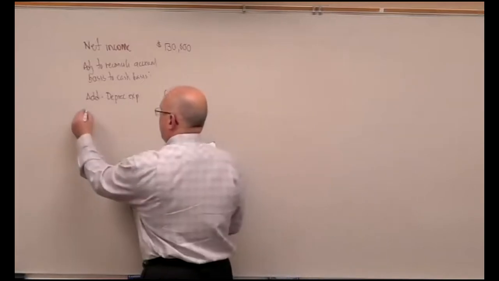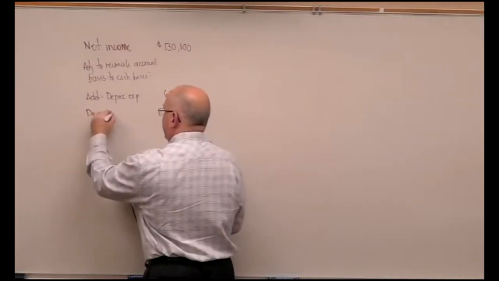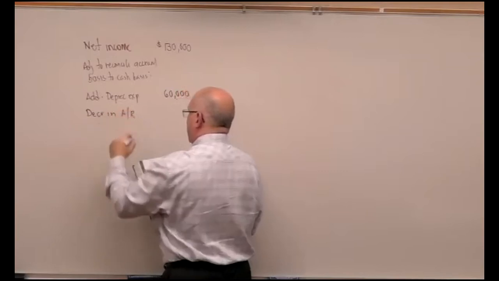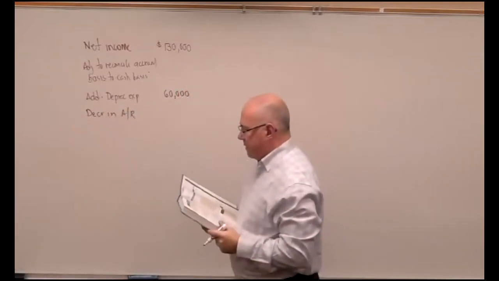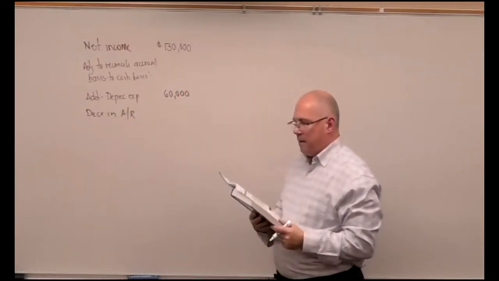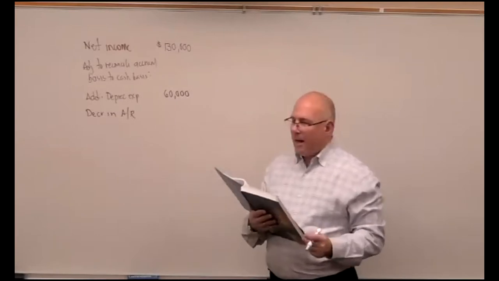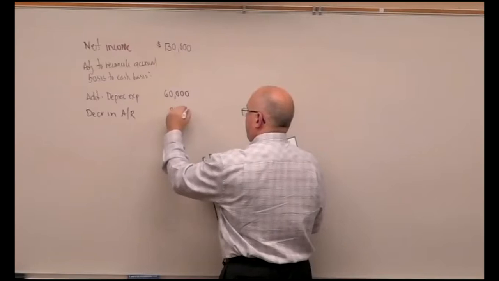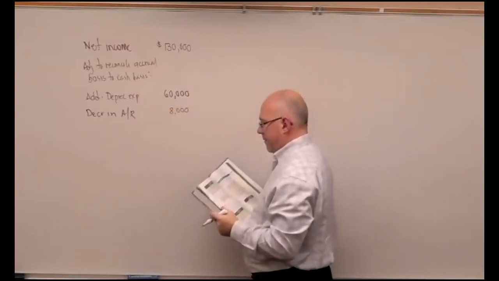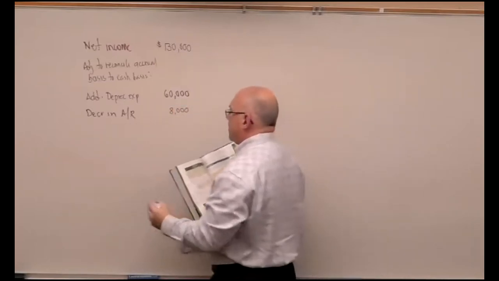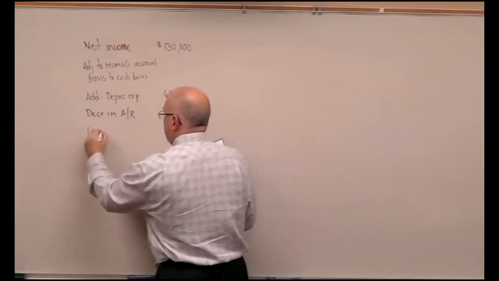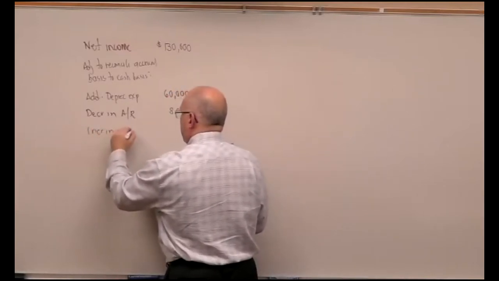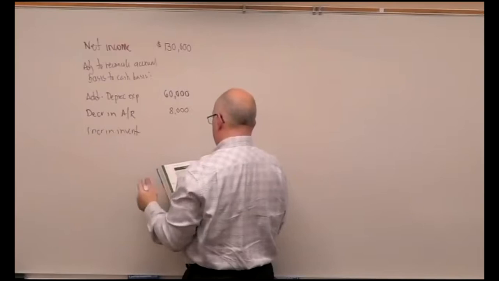Accounts receivable went down. How much did accounts receivable go down? 8,000. Is that a positive or negative adjustment? Positive. Inventory went up. Negative. Cash goes out.